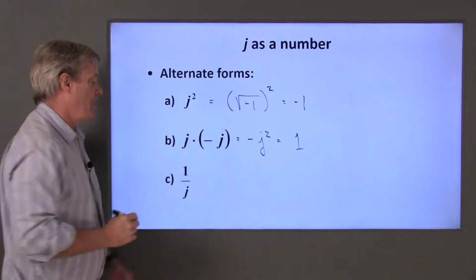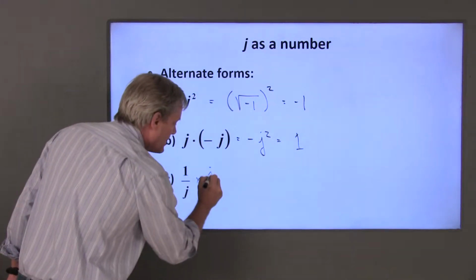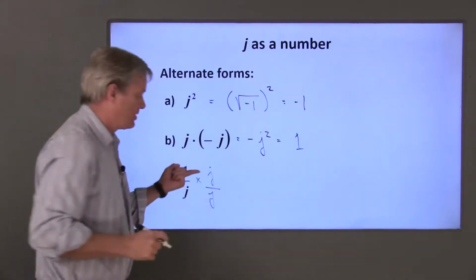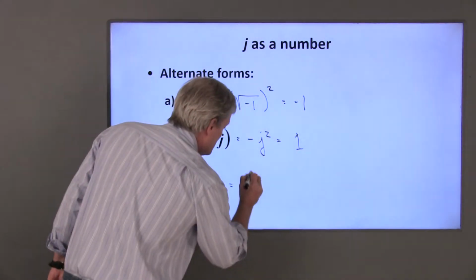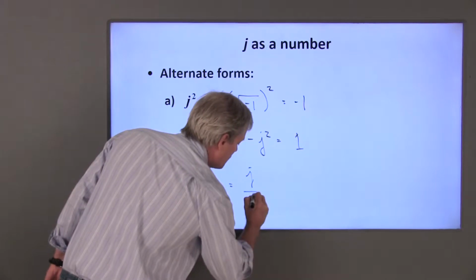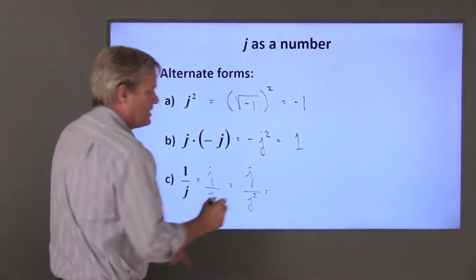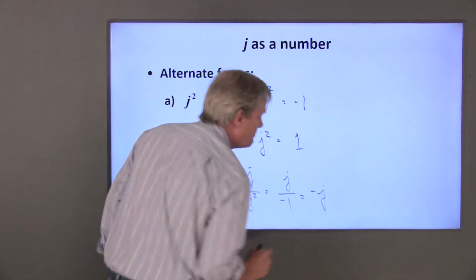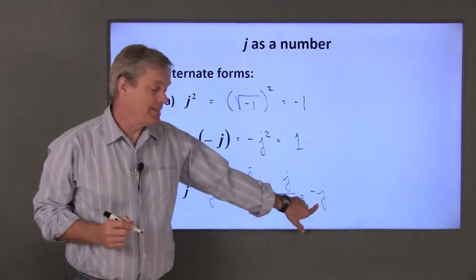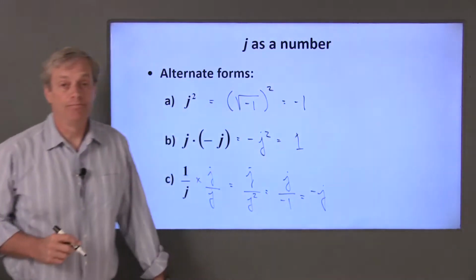Finally, 1 over j: I can multiply top and bottom by j, since I can multiply anything by 1 without changing it. This turns out to be j over j squared, which is j over -1, which is -j, so 1 over j is the same as -j.